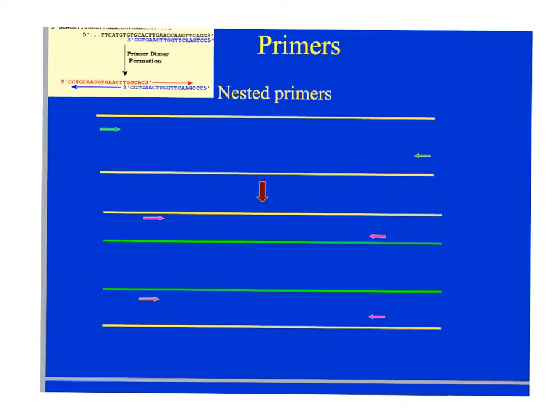I want you to think about nesting primers. The reason to do that is if you're looking at something that you don't have high copy number of, nesting it will give you more. So what happens is you do one set of PCR with the furthest out primer set that you've designed. After that PCR is done, you can reset up that PCR, taking a small portion of that and applying a different set of primers that are in a little bit, okay?